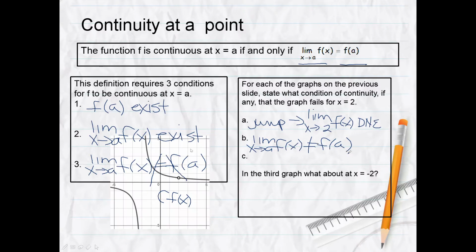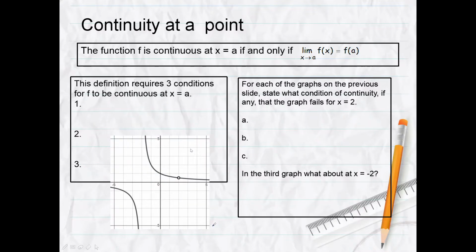Okay, for the third one, let's get some of that ink out of my way. For this third one, at 2, notice there's a hole. The limit exists, but there's a hole with no other dot. So f of a does not exist.